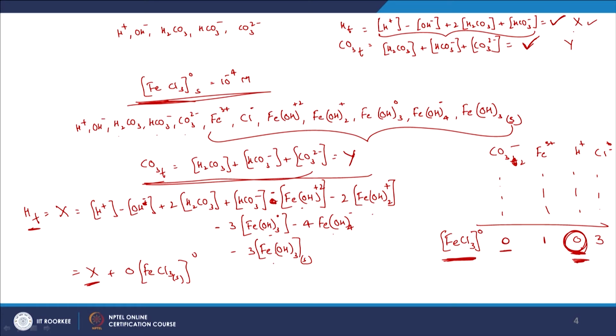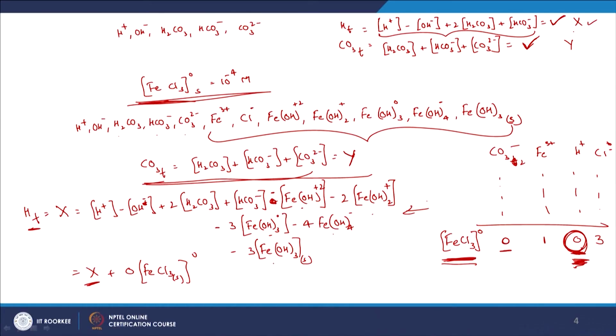So again keep in mind that you are adding FeCl3, that does not change. Let us say earlier H total was, let us say 10 power minus 4, just for an example. Let us say by adding FeCl3, as you see from your total component balance here, there is no source of H plus in FeCl3, right. So the H total is still 10 power minus 4, but this is now distributed over a few more species, as in a few more complexes and the solid too, right.